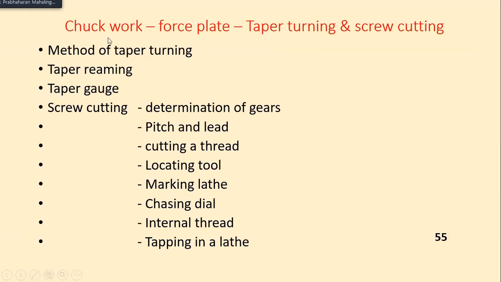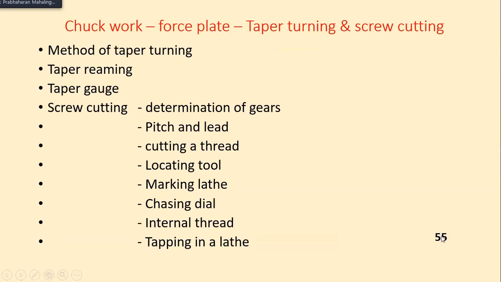Chuck work, methods of taper turning, taper turning, taper gauge, screw cutting, determination of gears, pitch and lead, cutting a thread, locating tool, marking, chasing dial, internal thread, tapping in the lathe.